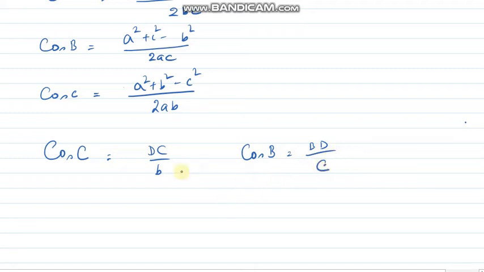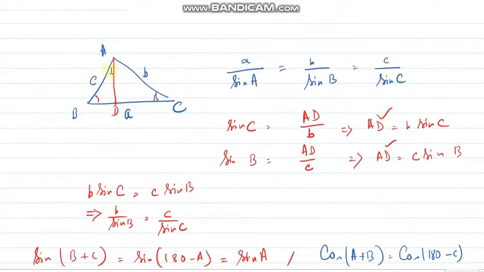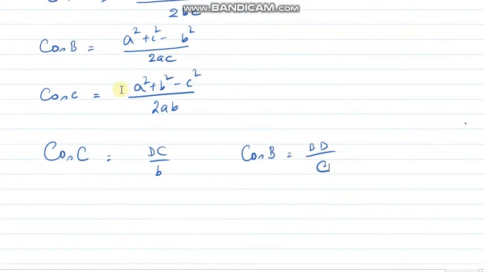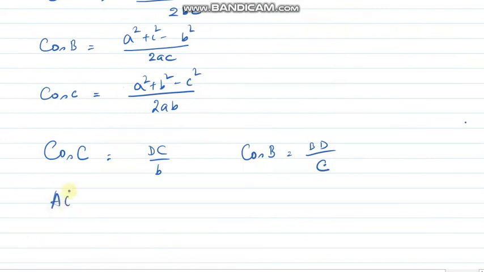Now from triangle ADC, AC square will be AD square plus DC square. So AC square is equal to AD square plus CD square.